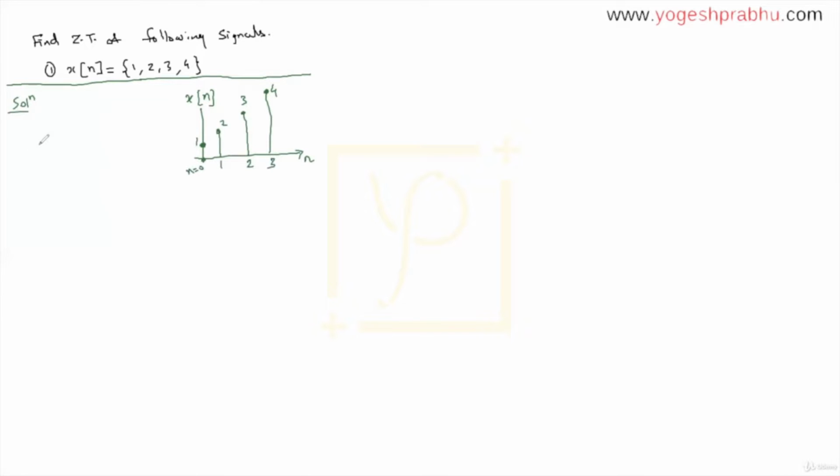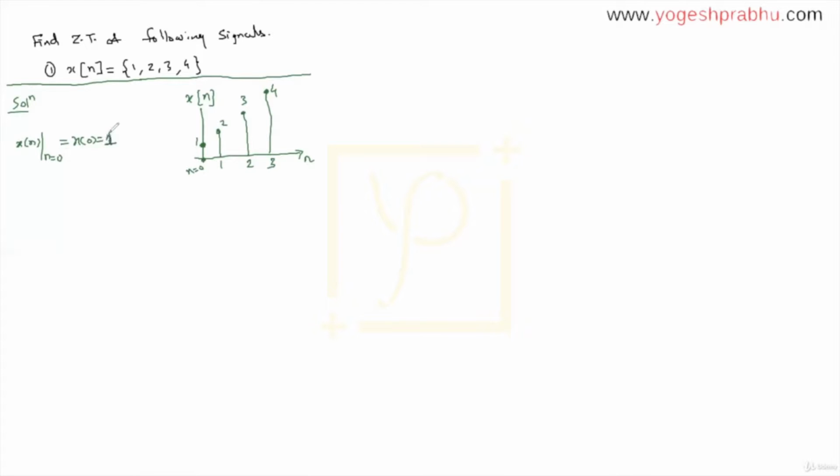Also, we can read a signal like this. When I say x of n at n is equal to 0, I'll just simply put n as 0 in here. So this will become x of 0. And you tell me what is the value of x of n at n equal to 0. The value of x of n is 1, right? So x of 0 is equal to 1. This will be our notation we'll be using.